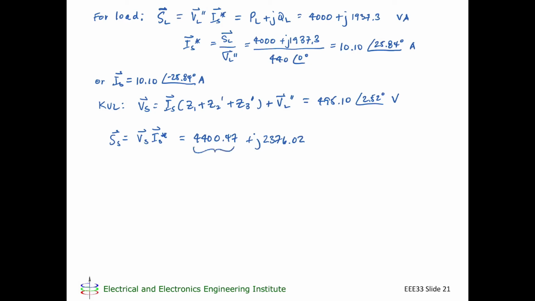I know this to be PS, and I also know this to be QS. So this is my VS, this is my PS, and this is my QS, which are consistent with what we earlier computed.